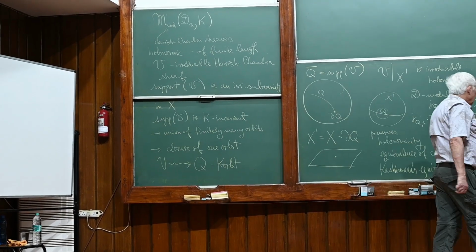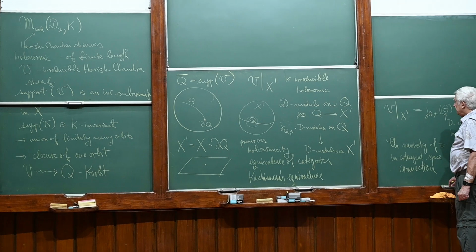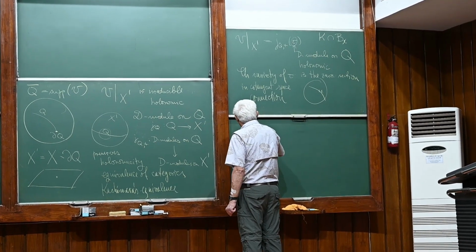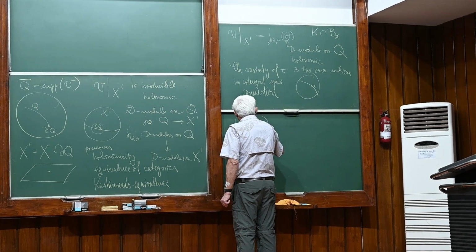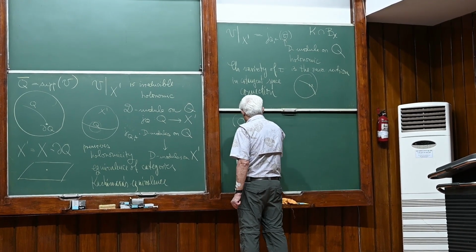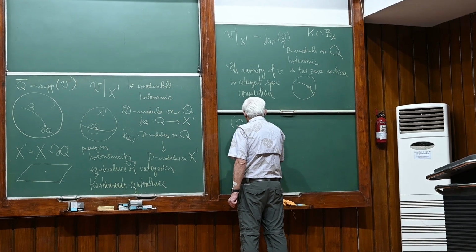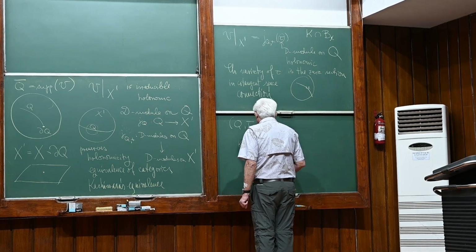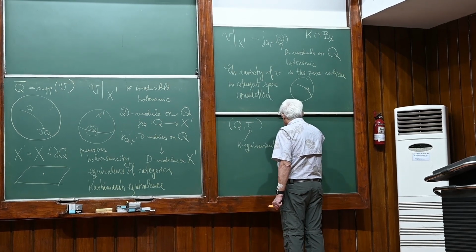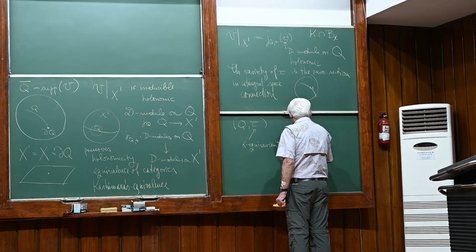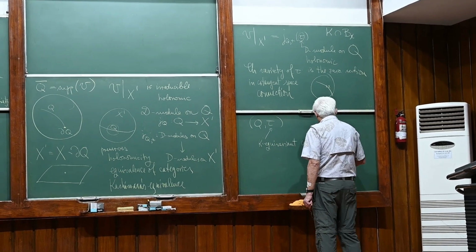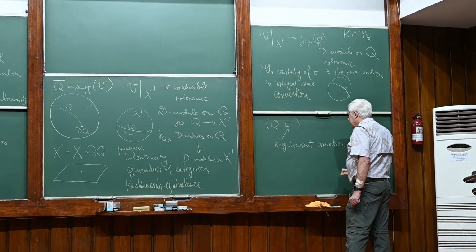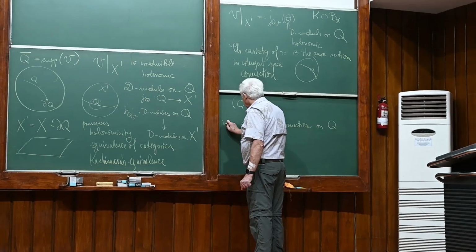Okay. So this gives me this Q and tau, where tau is a K equivariant connection on Q, which is, say, reducible.